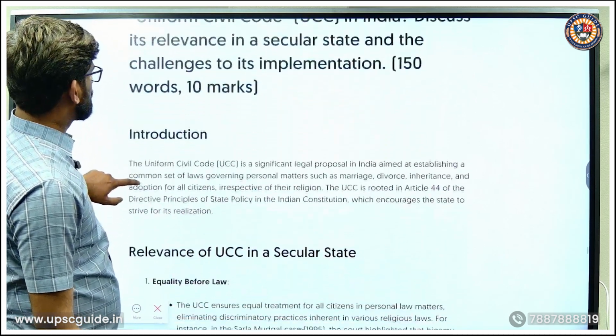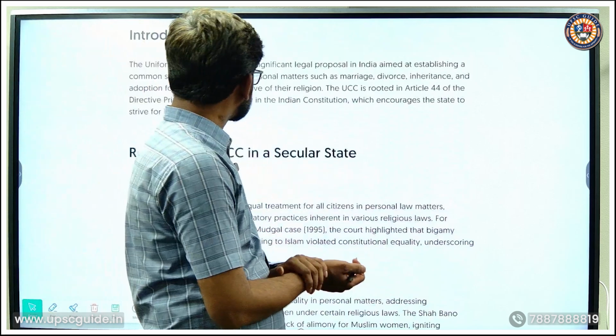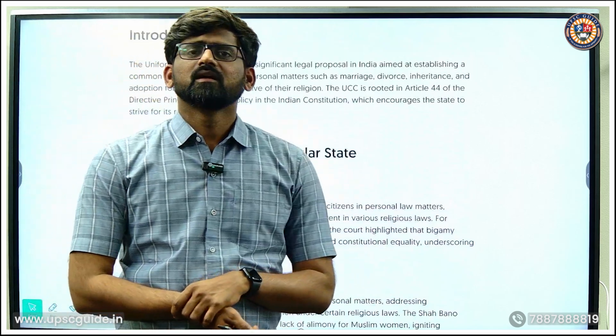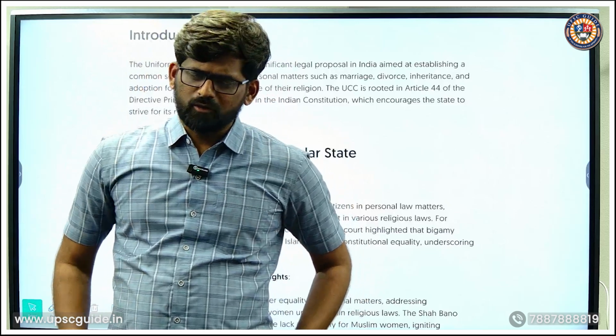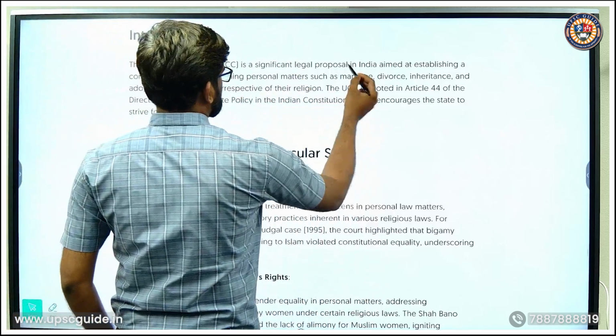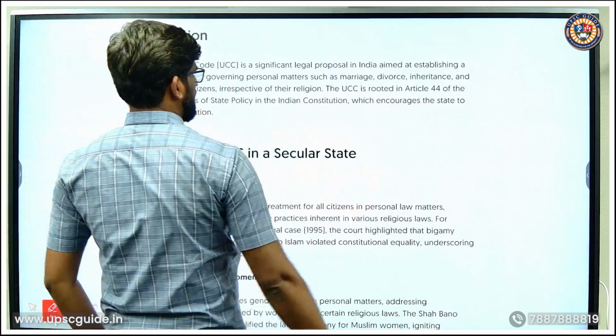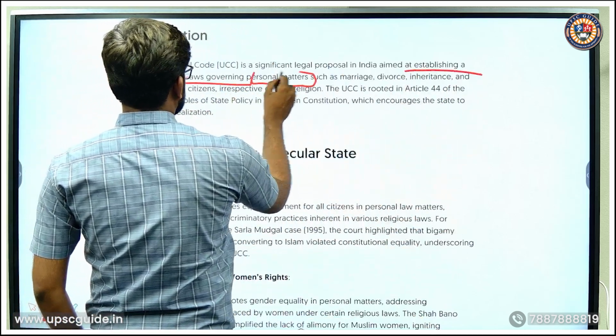So the question is asking about the UCC. Now as it is a 10 marker question, we can include what is UCC in the introduction part only. So what is UCC? It is a legal proposal in India. What is its aim? The aim is to establish a common set of laws governing personal matters.